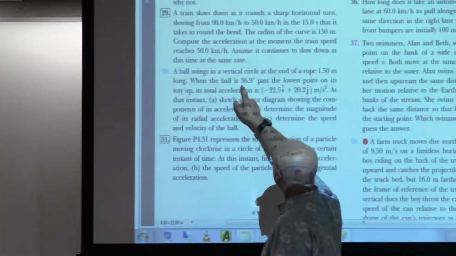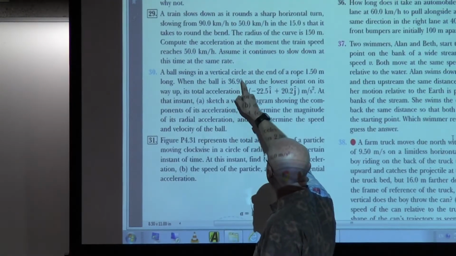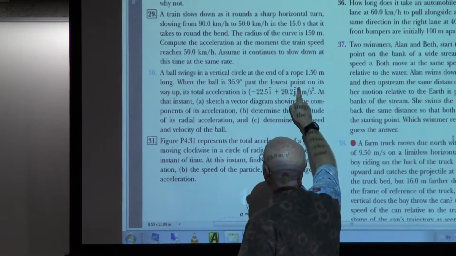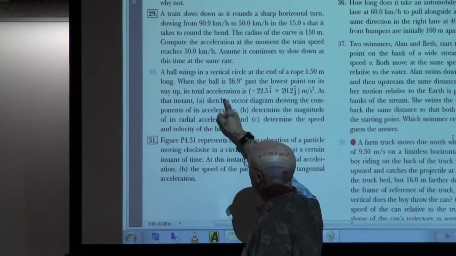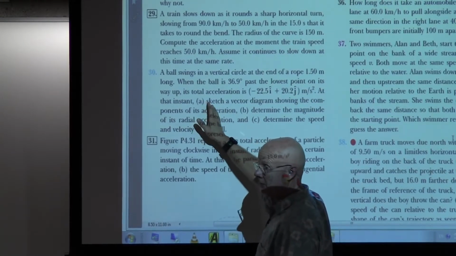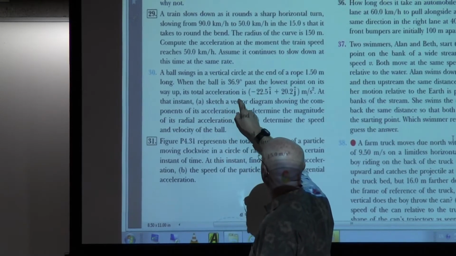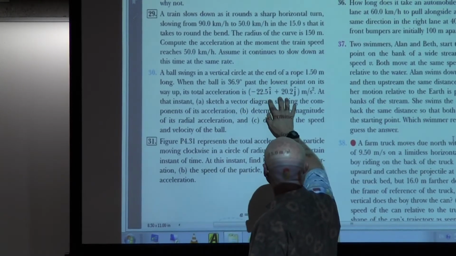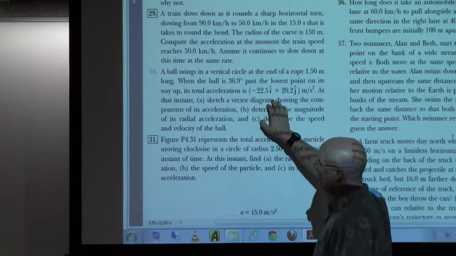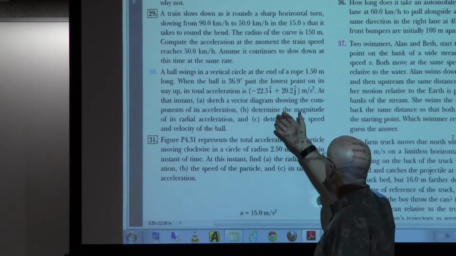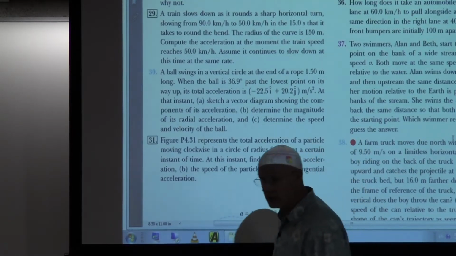All right? Now it says when the ball is 36.9 degrees past the lowest point and on its way up, its total acceleration vector is, and here they give it to me in the i and j hat components.